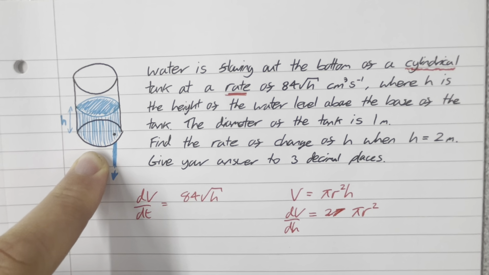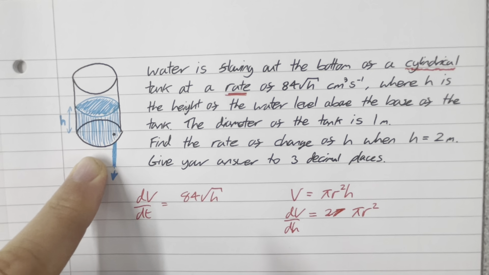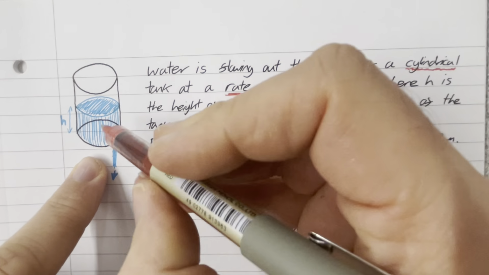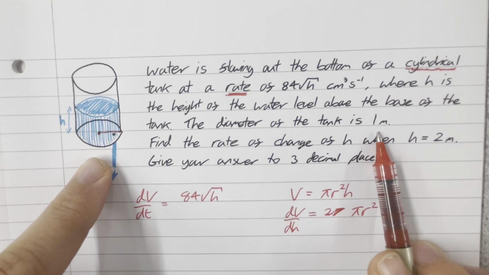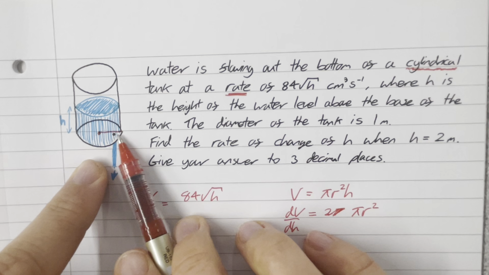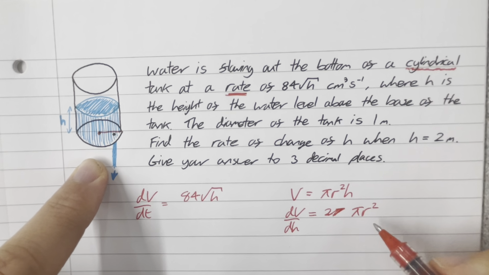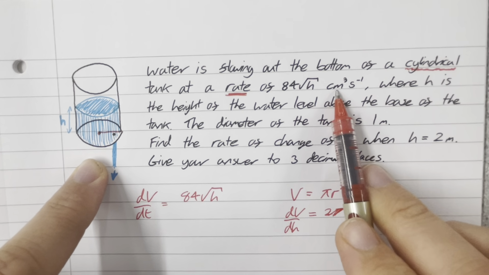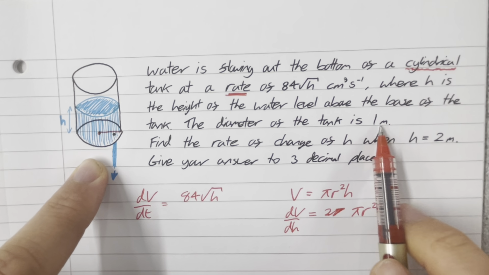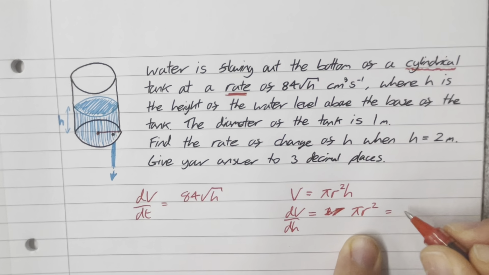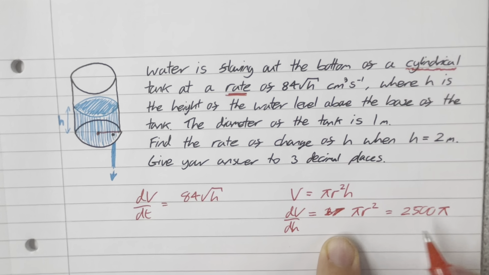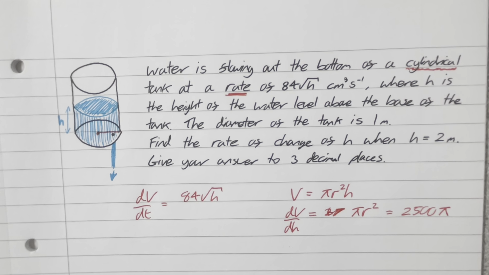Now r is the radius of the water, but we're told in the question that the tank has a diameter of 1 metre, so therefore the radius of the tank is 50 centimetres. Don't forget, because this is centimetres cubed, we should work in centimetres. Okay? So therefore this is actually 2,500 pi. Okay, it's 50 squared times pi. So dV by dh is 2,500 pi.